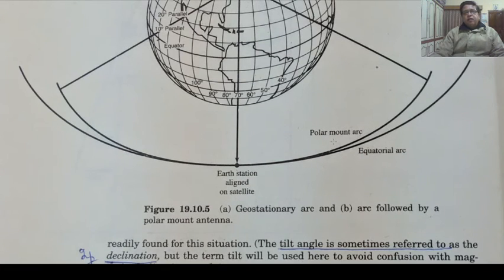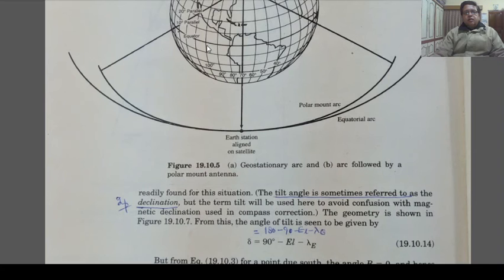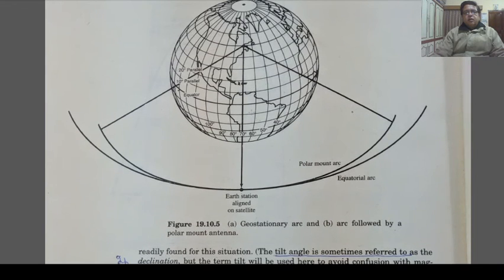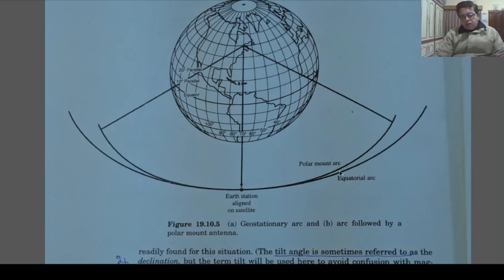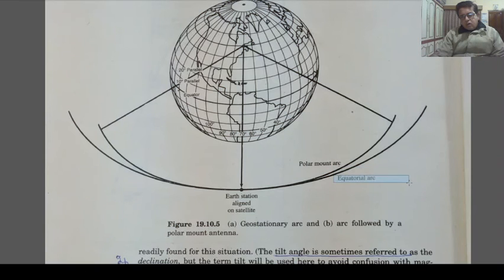This is figure 5. Geostationary arc A. You just see this is the equatorial arc. This point is the Earth station aligned on the satellite.